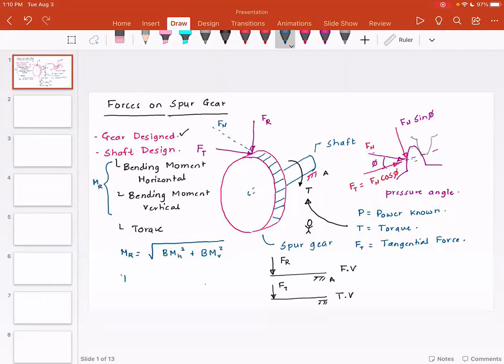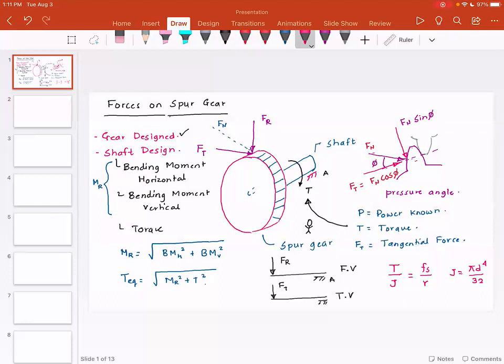And then we have to find the equivalent twisting moment, Teq, which is the square root of MR squared plus T squared. Once we get the value of torque, we can use the equation T divided by J is equal to Fs divided by R, where J is equal to pi d raised to 4 by 32, and find the diameter.